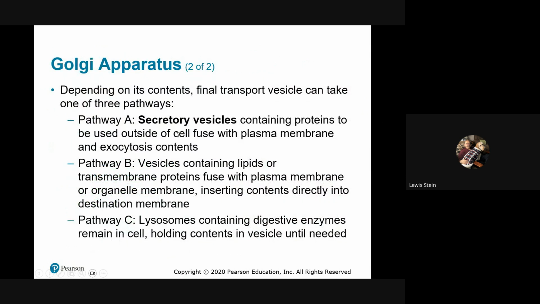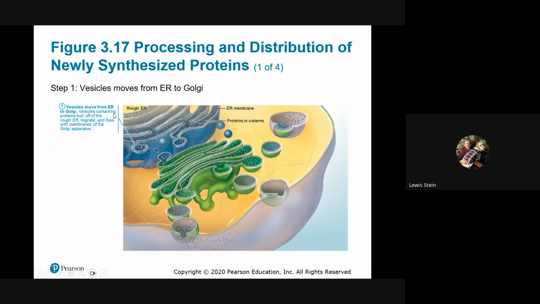Nevertheless, here's what it does. They can be what we learned about before, commented on with those V snares and T snares. Secretory vesicles, spit it out. Vesicles, transmembrane proteins, so it'll just fuse with whatever membrane it's going to be and contribute to that, or enzymes in lysosomes, and something you're going to see right away called a peroxisome. This shows you, gives you an idea.